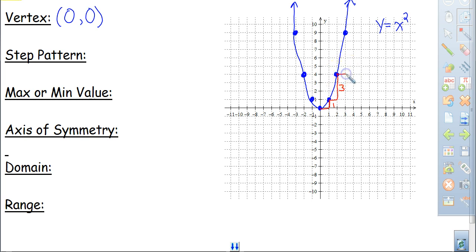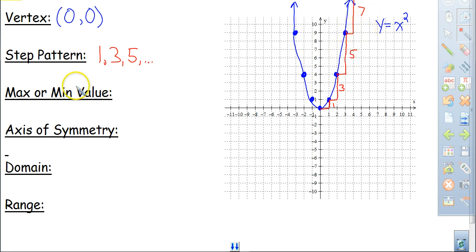One step to the side again, and now you're going up 1, 2, 3, 4, 5. So we call the step pattern 1, 3, 5. Those are the vertical steps. I always went 1 to the side, so x increases by 1, and then y increases by 1, and then 3, and then 5. You can probably guess that the next y value would increase by 7, and so on in that pattern.